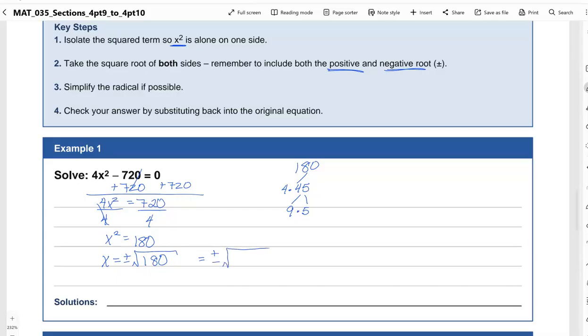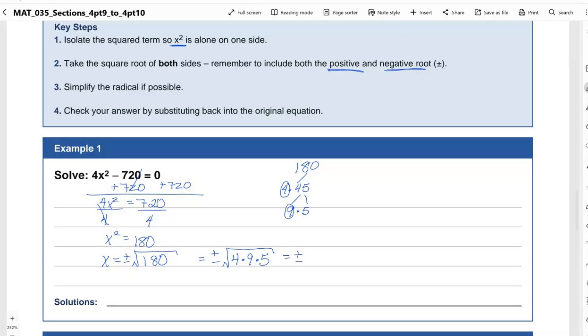So we're going to think about this as 4 times 9 times 5. Now I'm trying to break it down into perfect squares because I know the square root of 4 and I know the square root of 9. So I really just started with saying, okay, can I divide this by 4? Yes. And then can I divide it by another number? Yes.